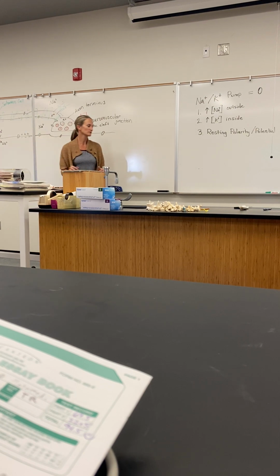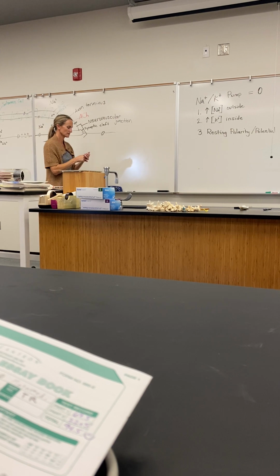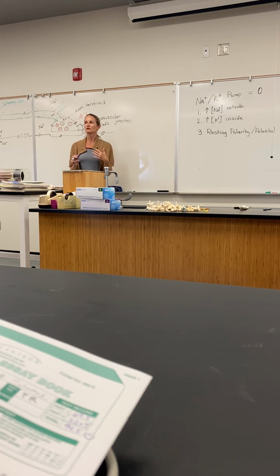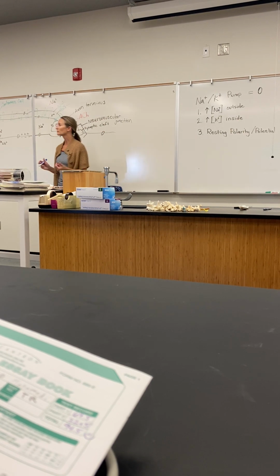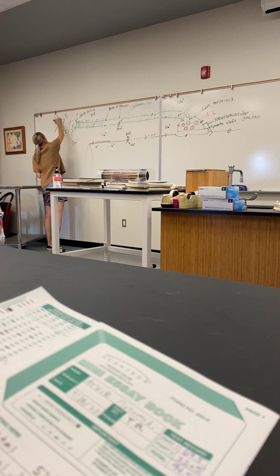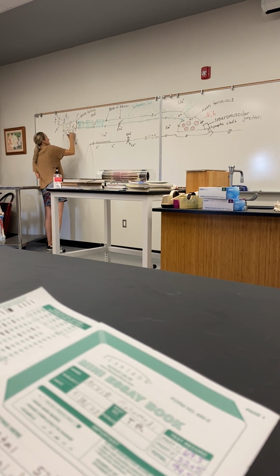I'm going to start actually with a different one. I'm going to start with a channel protein for facilitated diffusion. This channel protein is only found up here. Let's go ahead and draw a little rectangle. Blue rectangles. This channel protein is only found on the dendrites and the cell body.